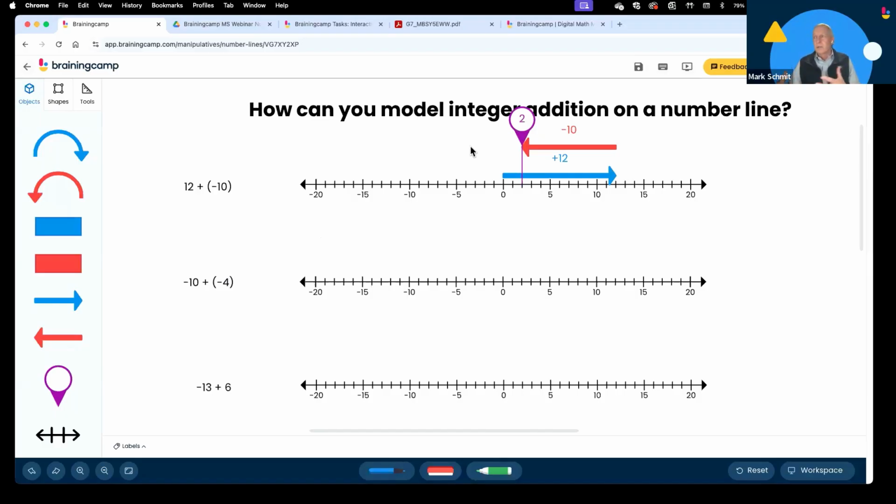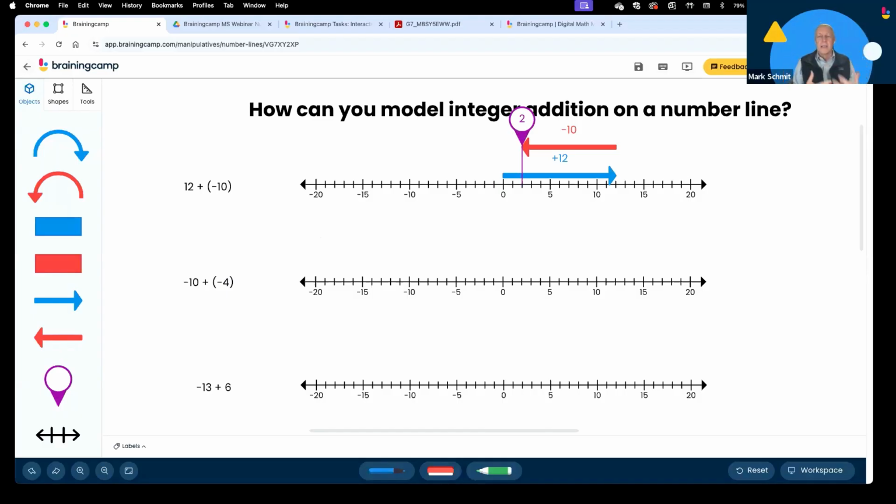Now, when you look at those two vectors, what might you notice about those two vectors? What is the length of each of those vectors representing? Yep, one is shorter. Now, distance from 0.